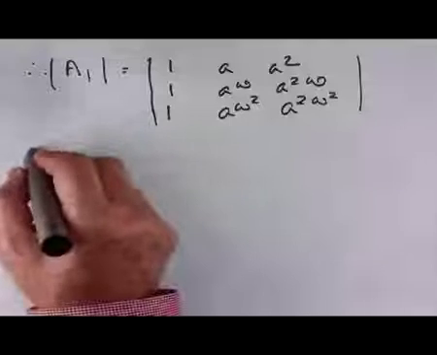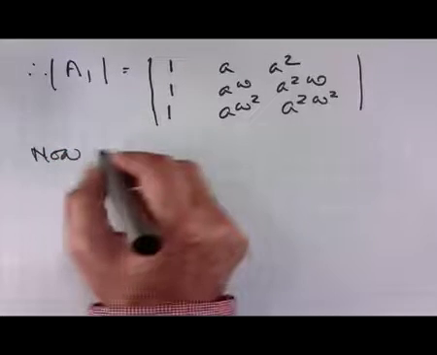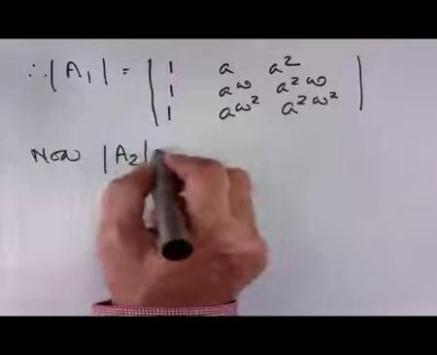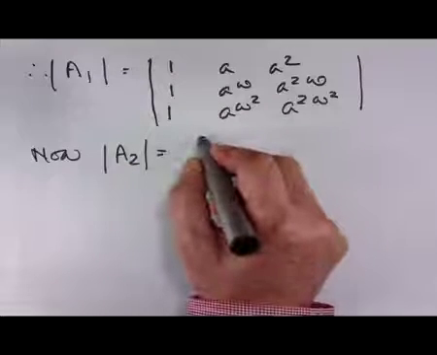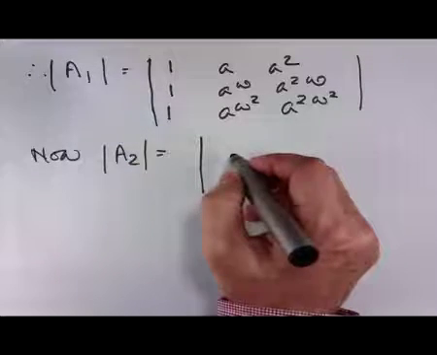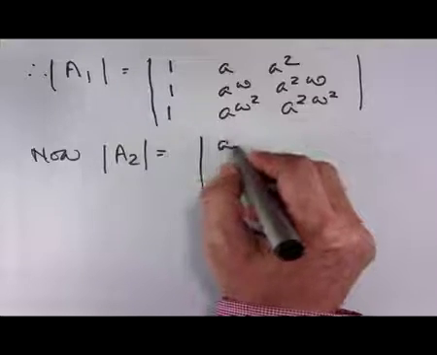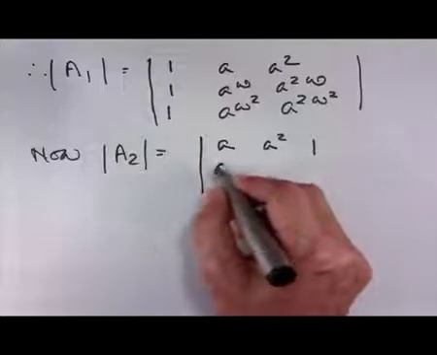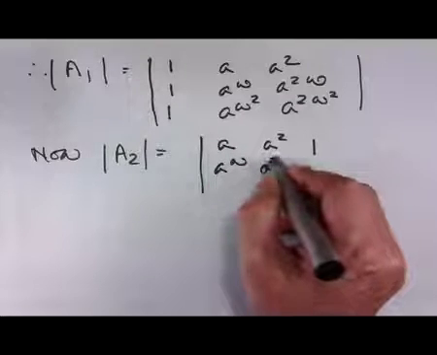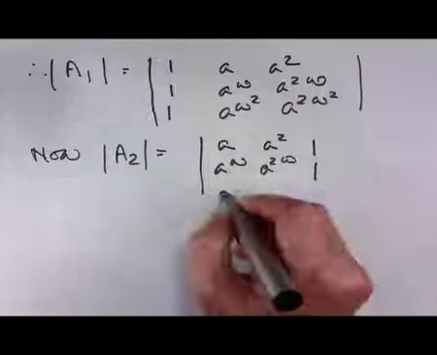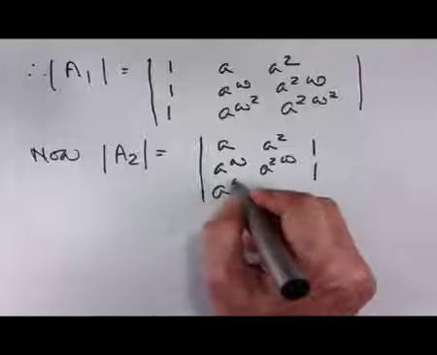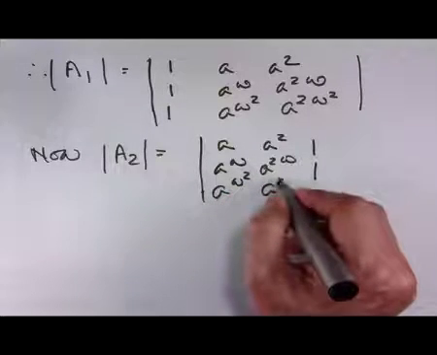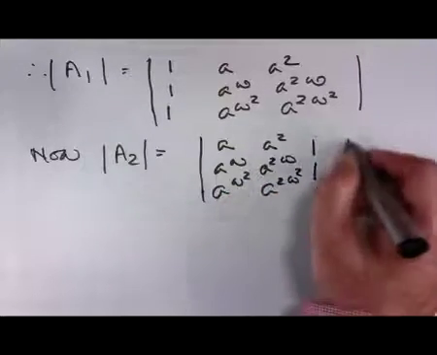Now, the determinant of A 2 is equal to the determinant of A, A square, 1; A to the power omega, A to the power 2 omega, 1; A to the power omega square, A to the power 2 omega square, and 1.